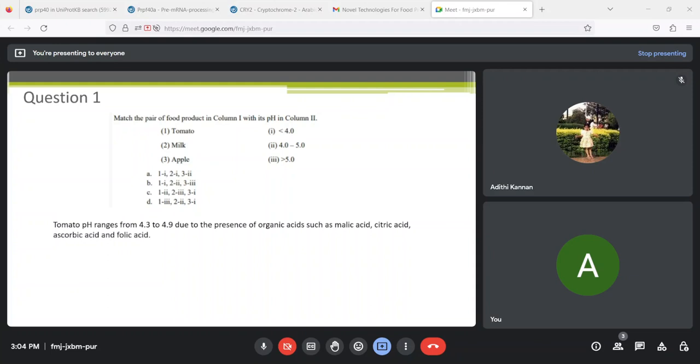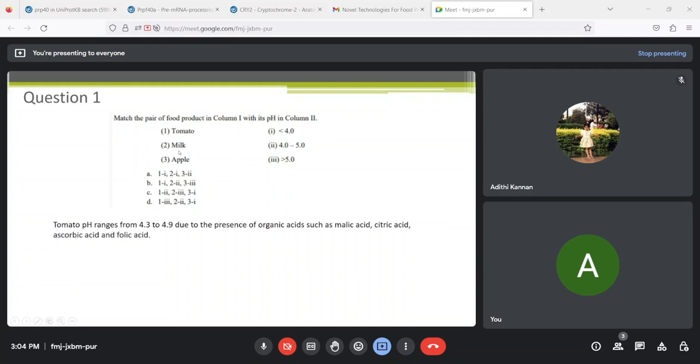Generally it's the ripe tomato that has this low pH of 4.3 to 4.9. So the pH of tomato ranges from 4.3 to 4.9, which is the second option.